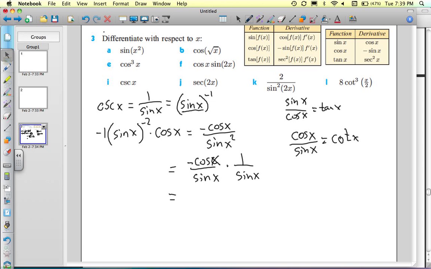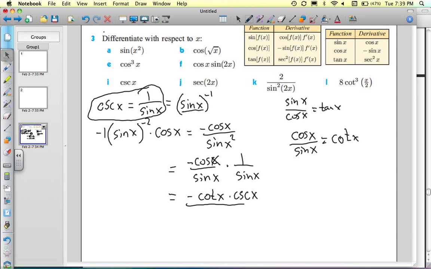This equals negative cotangent x times 1 over sine x, and 1 over sine x is equal to cosecant of x.